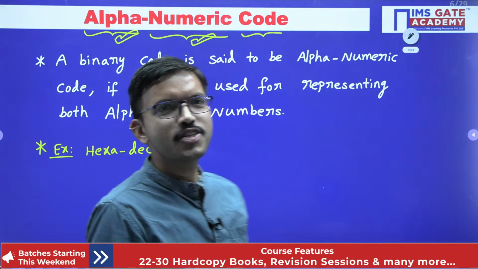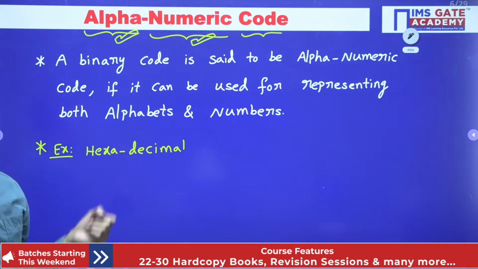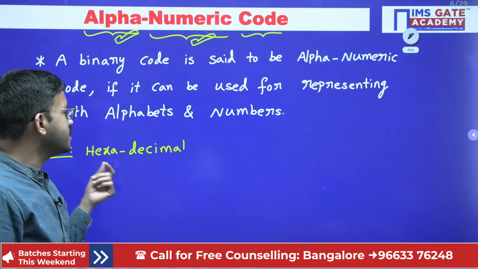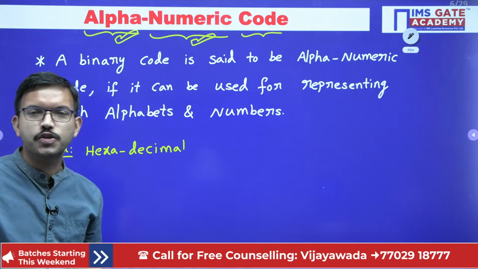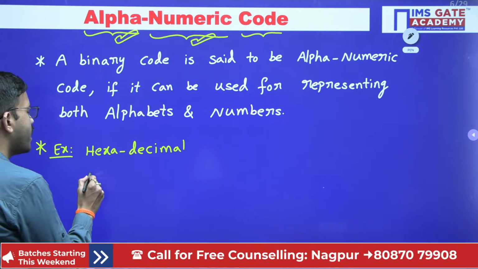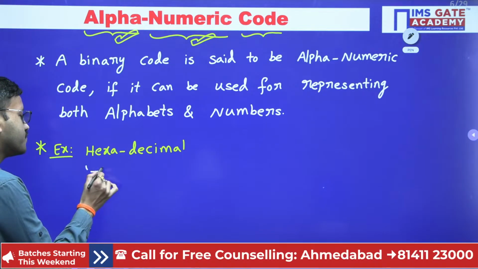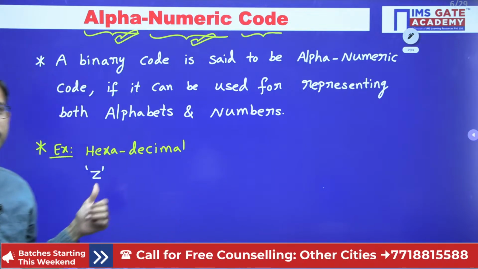Yes, most of you in general will say that the hexadecimal number system is an example for alphanumeric code. If you are saying that, then I will ask one simple question. What is the hexadecimal code you are having for the letter Z?